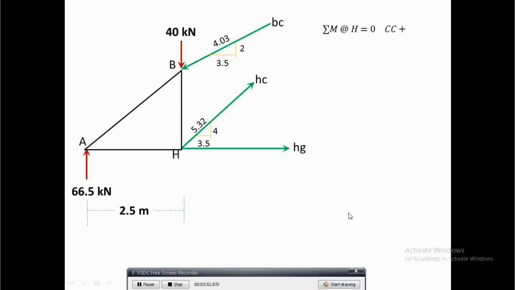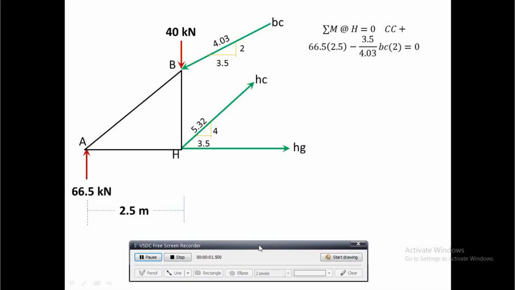So, I take summation of moments at H. 66.5 is clockwise, so positive.